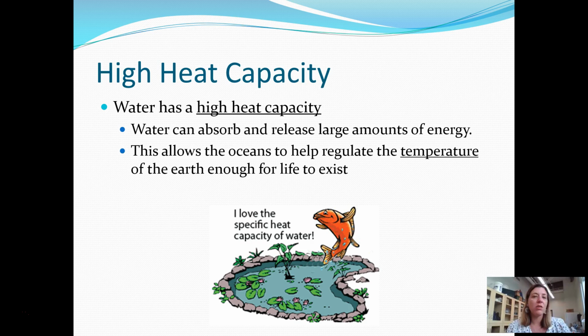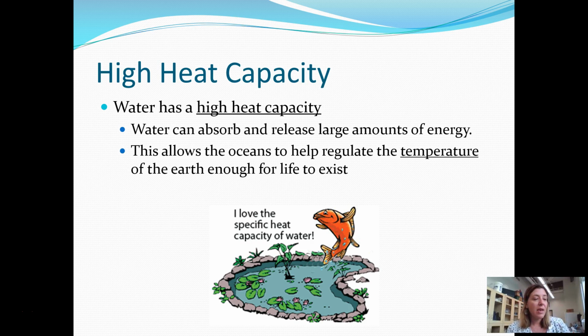So this also allows for internal body temperatures to be highly regulated because many organisms are mostly composed of water. Okay, so being able to withstand quick changes makes us and other organisms able to regulate our internal body temperatures.